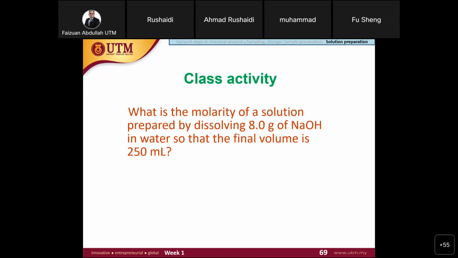Who found it? Who got the answer? How many molar? Guys. 2.67 from Ng Wei Fu.